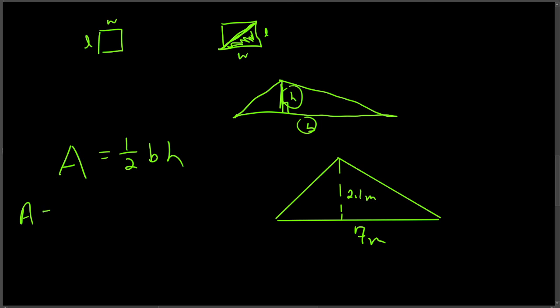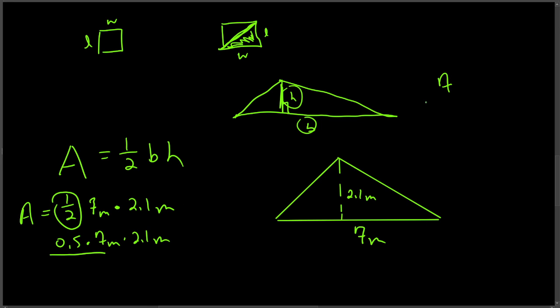Then my area is going to be 1/2 times 7 meters times 2.1 meters. Now, we can rewrite 1/2 as 0.5. So let's do my multiplication. 7 times 0.5 is 35, but there's one decimal place. So I'm going to get 3.5 meters times 2.1 meters.